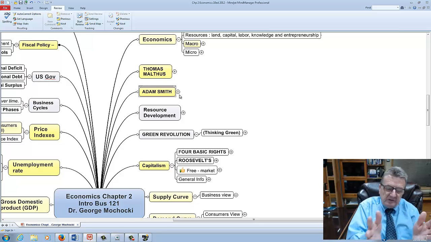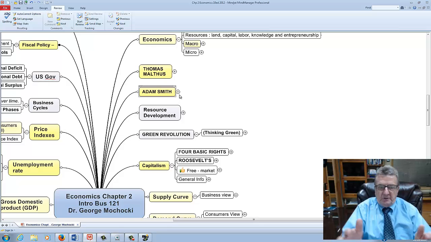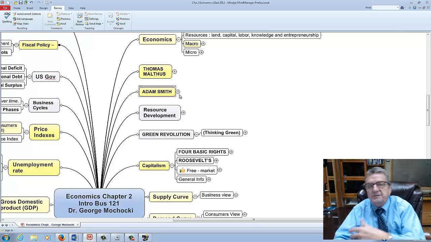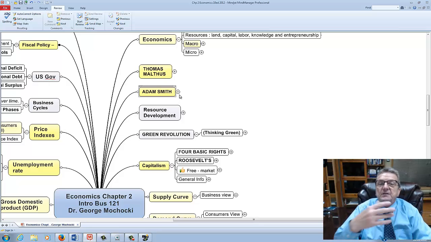So the government has put in some boundaries. From a business perspective, now you have to be thinking green. That means recycling, making sure I don't waste, and making sure I replace. If I'm in the lumber industry, every tree I cut, I have to plant other trees so the environment is re-stimulated.